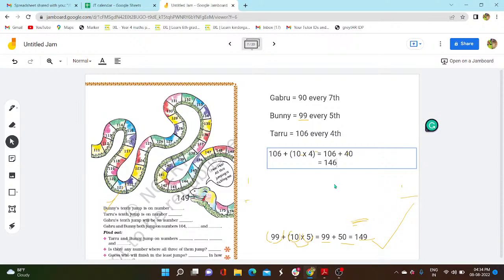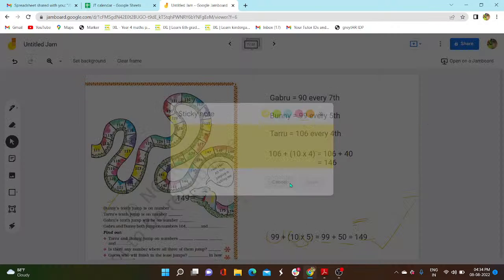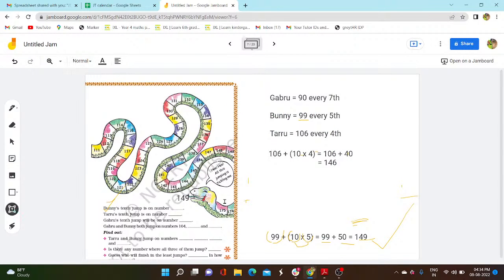This is equal to 146. That means Taru will be on the 146th step if he takes his 10th jump. So I can write 146.